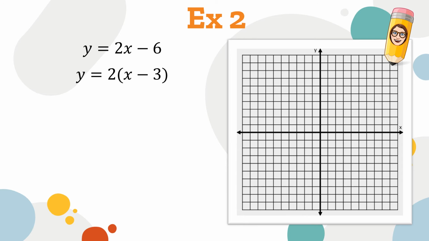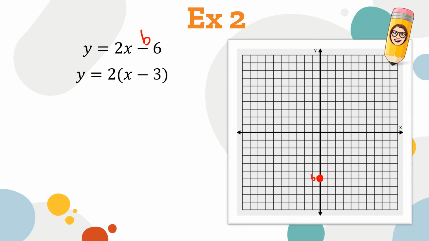Let's take a look at example 2. Our beginning is at -6. So -6, 1, 2, 3, 4, 5, 6. Oops, I went too far, I think, didn't I? That's what happens when I use my tablet. 2, 3, 4, 5, 6, right there. All right, there's my beginning.